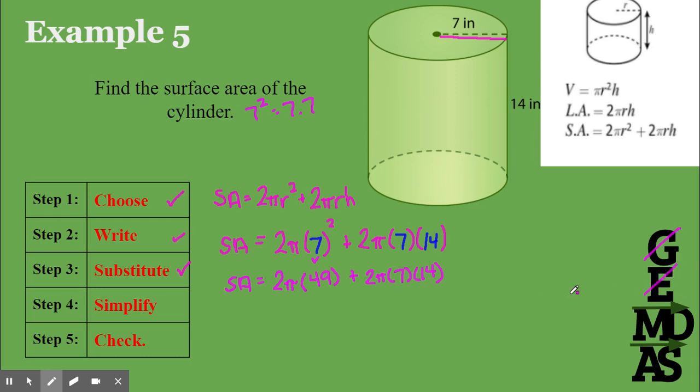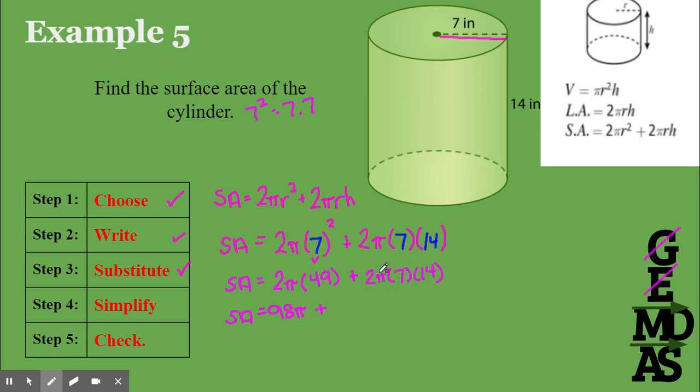Okay, exponents are done. Now multiply and divide left to right. 2 times pi times 49 equals 98 pi. And yes, it seems like I just multiplied those together. I used the commutative property to switch the order because I like to keep pi in my answer, but you could just multiply with a calculator 2 times pi and then that times 49.